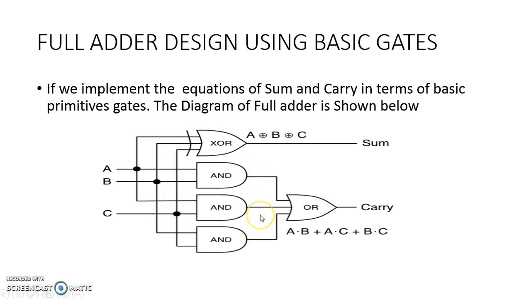Here in this diagram, you can see there is one XOR gate which represents the sum, whereas carry requires three 2-input AND gates and one 3-input OR gate according to the basic equation.